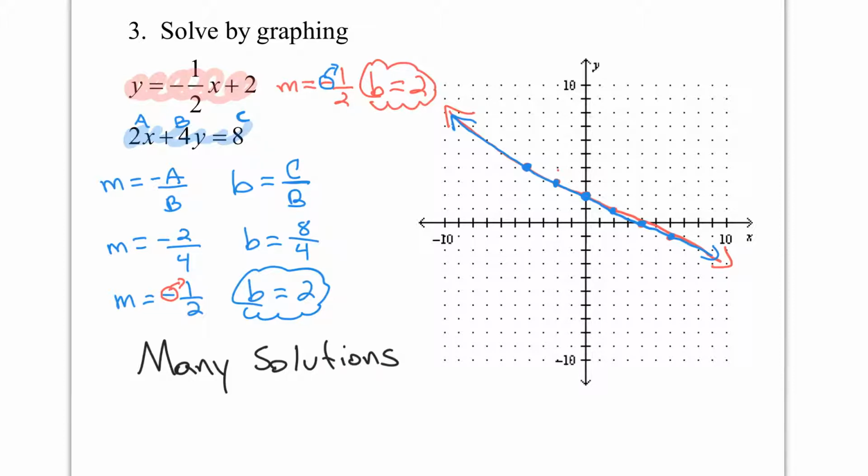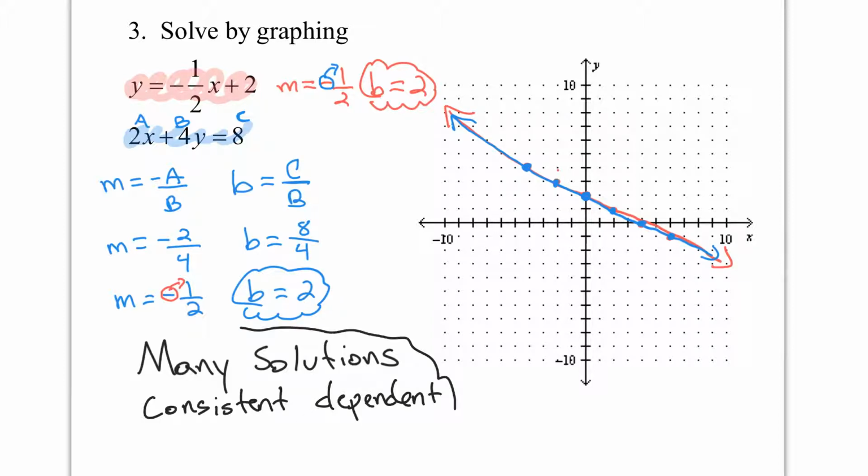So we just write down many solutions. Now, if you want to classify the system, when it's many solutions, when it's only one line, we say this is consistent, and we have dependent. So when you guys have many solutions, we have a system that is consistent, dependent.